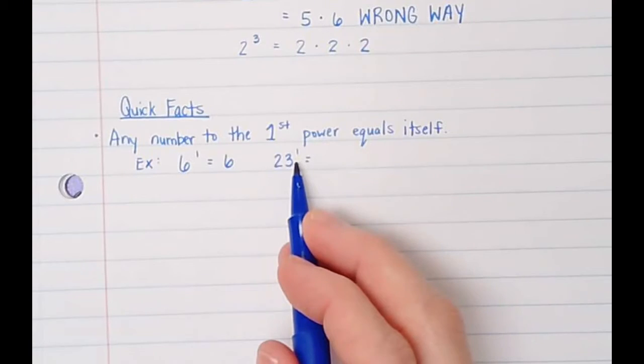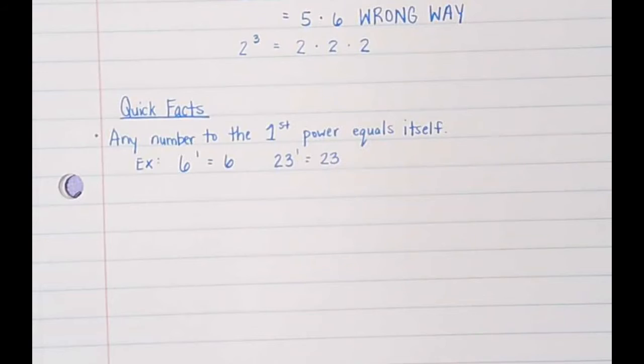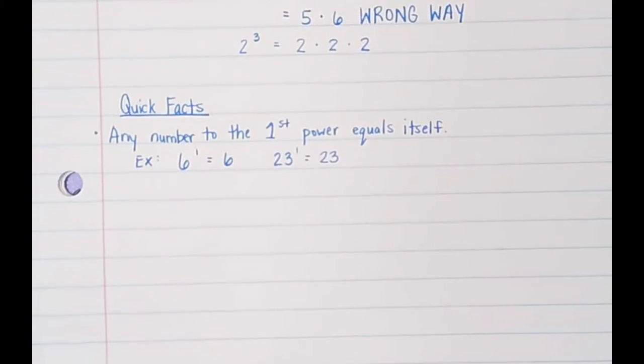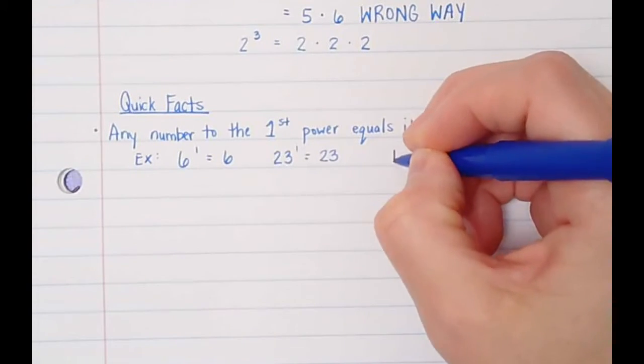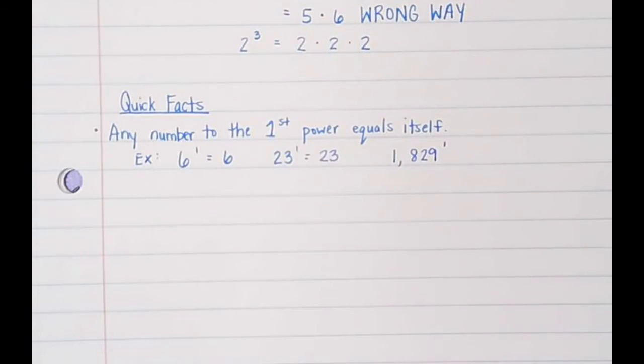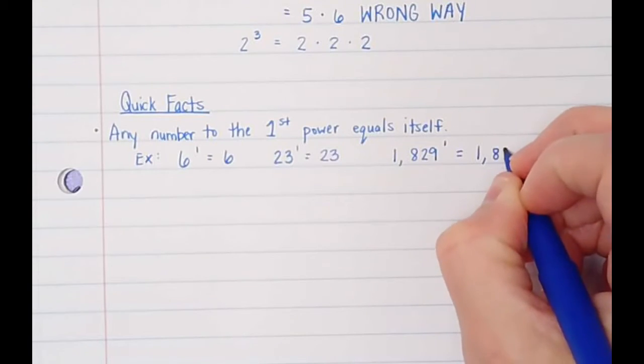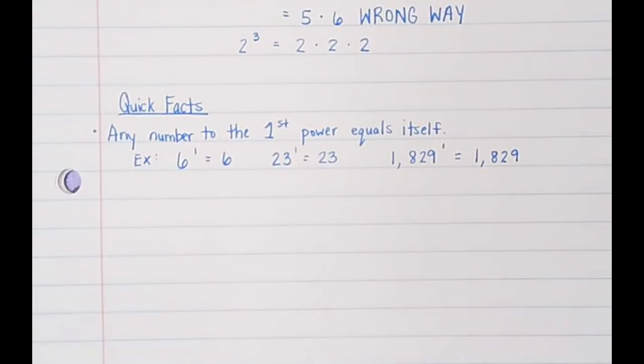Well, I'm going to write it one time. All right? Even if it's, I don't know, 1,829 to the first power. My answer is still going to be 1,829. Okay? So that's just like a quick one. And don't be surprised if you see that on a quiz and me try to trick you. So make sure you remember that one. Okay?